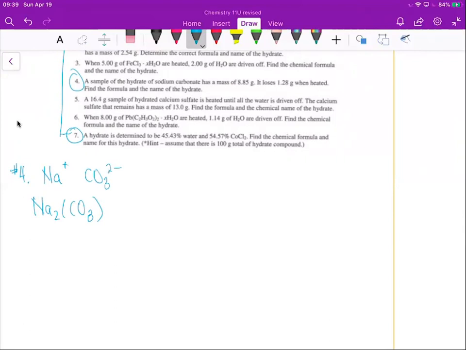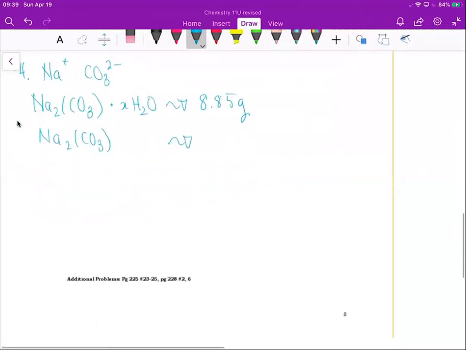So you have to be able to take apart that information. The hydrate is 8.85 grams. And then there's going to be 2 different entities. There's the anhydrous amount, and then there's going to be the water.